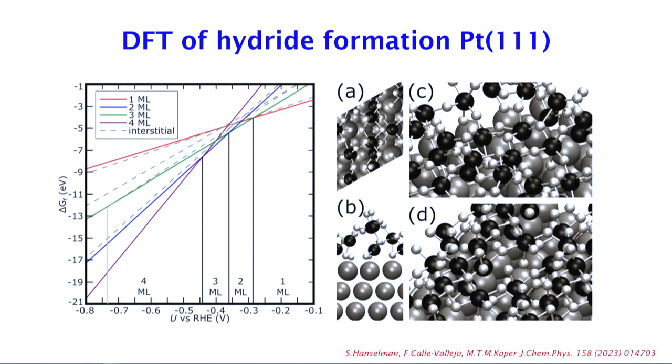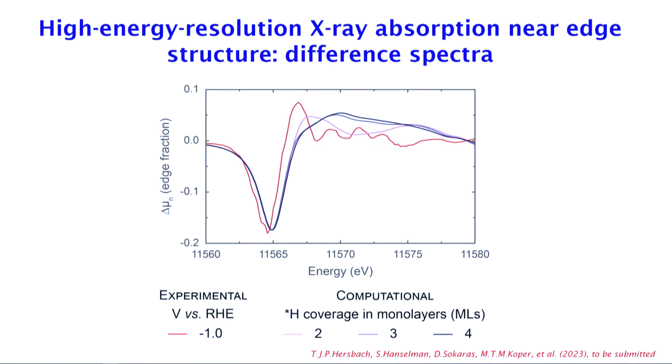The other interesting thing is that from these structures, we can calculate electronic spectra. And my former postdoc, Tom Hersbach, is now at Stanford at the synchrotron, and he did some XANES spectroscopy under cathodic corrosion conditions.